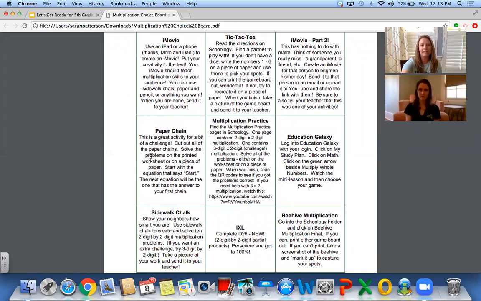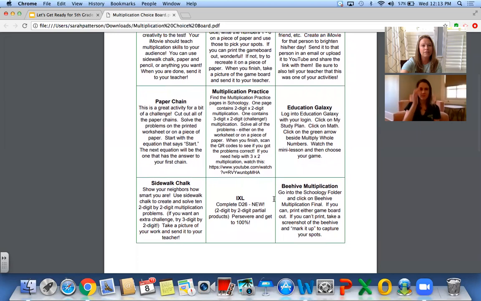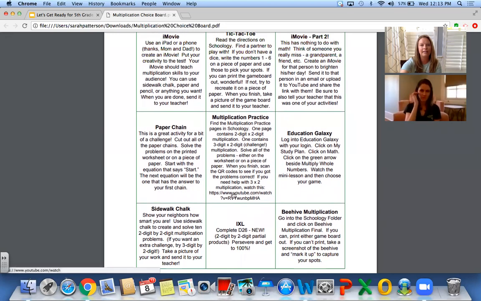So some of these activities, if it says this is a great challenge, will sometimes be a 3-digit by 2-digit number. If you forget how to do that, I think I put a link down here to show you how to multiply 3-digit by 2-digit numbers. If you've never done it or if you don't remember how, you could watch that video or you could go on Google and just type it in and find your own video.